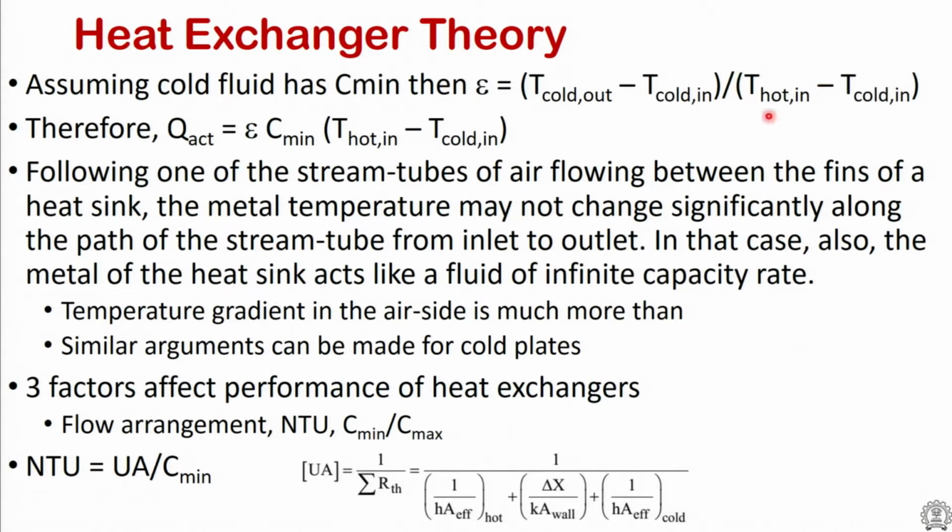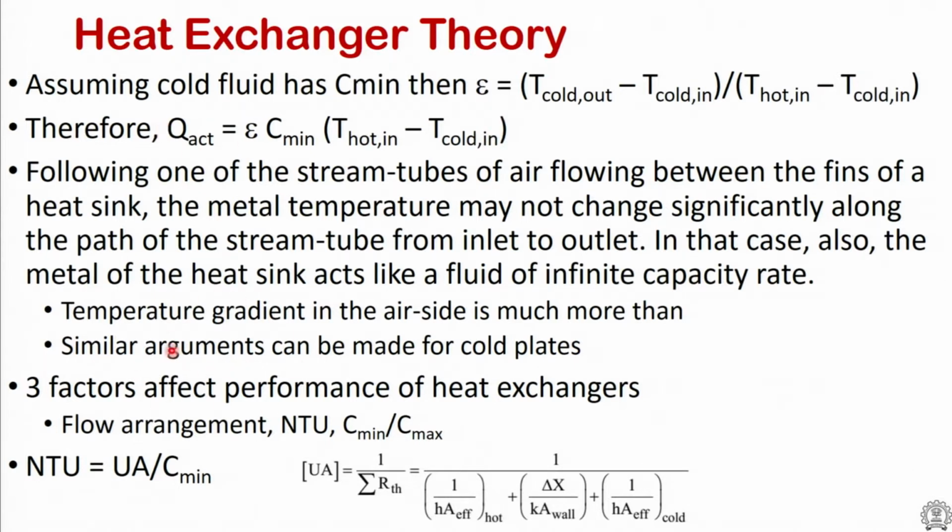The T hot in is nothing but T base for a heat sink, and T cold in is nothing but the air side inlet temperature for the heat sink. T cold out is the air side outlet mean temperature of the heat sink, minus the cold inlet temperature, that is, the air inlet temperature of the heat sink. So describing actual heat transfer in terms of effectiveness, it is epsilon times C min times T hot minus T cold in. This is a better way of describing them.